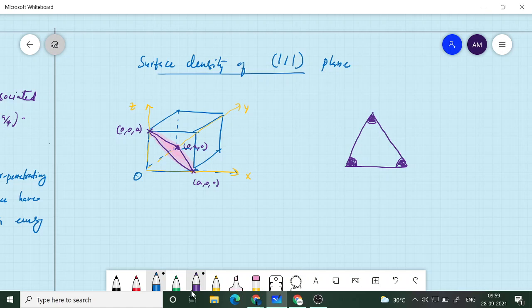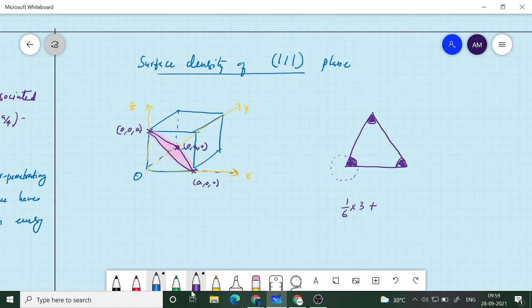It is only 1/6, because it is an equilateral triangle, which is making a 60 degree angle with the edges. So total angle is 360, out of which only 60 is coming. So it is only 1/6, and there are 3 atoms.